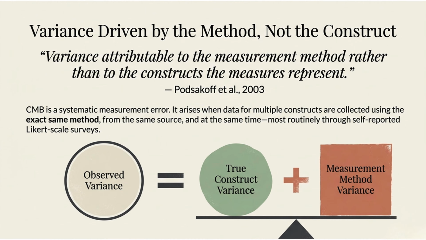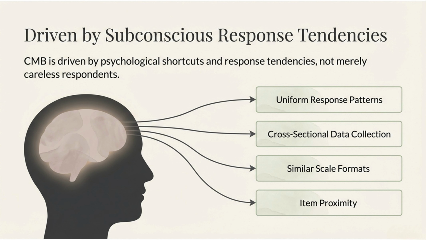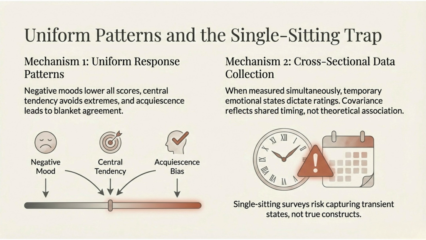CMB is primarily driven by response tendencies rather than the substantive relationships between constructs. Several mechanisms explain this. The first one is uniform response patterns. Here, the respondents may unconsciously apply a consistent rating style across items. For example, a respondent in a negative mood may provide lower scores for all the constructs.